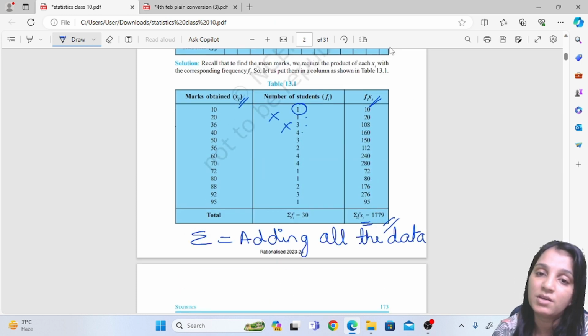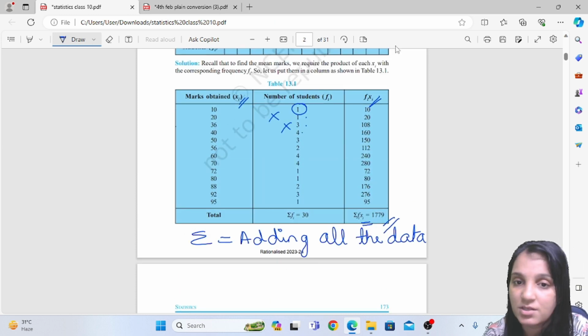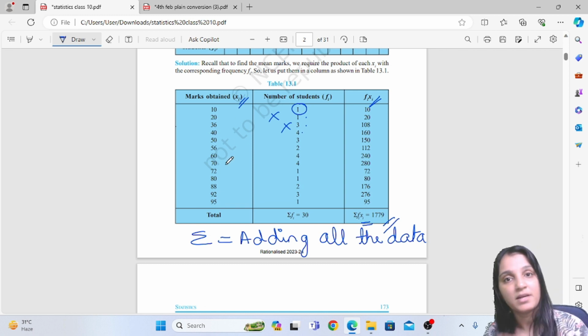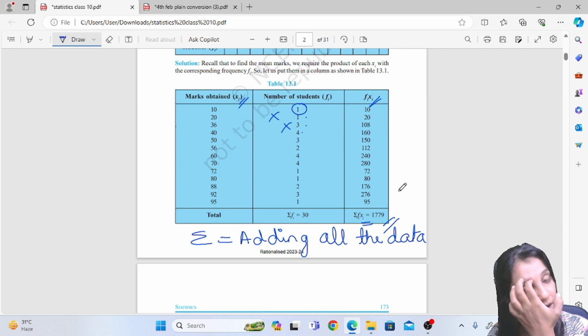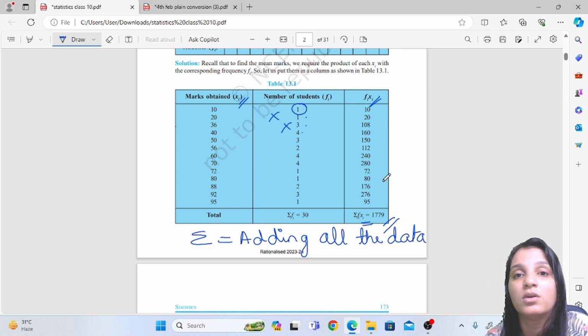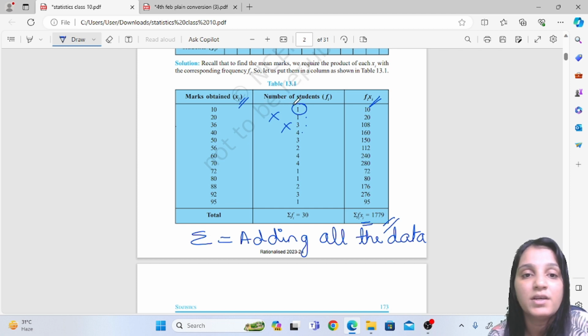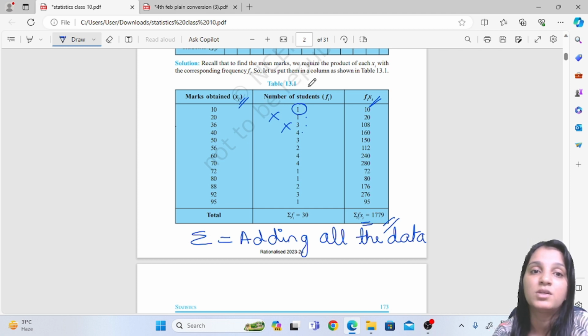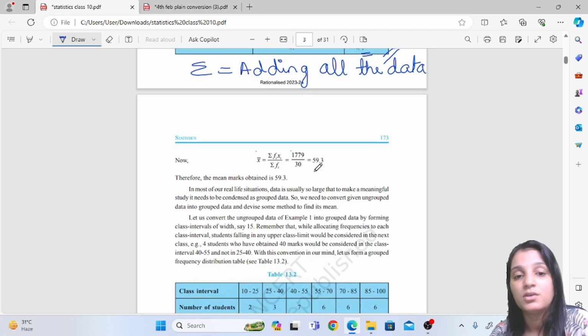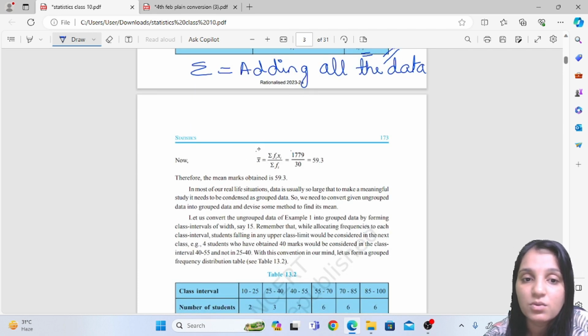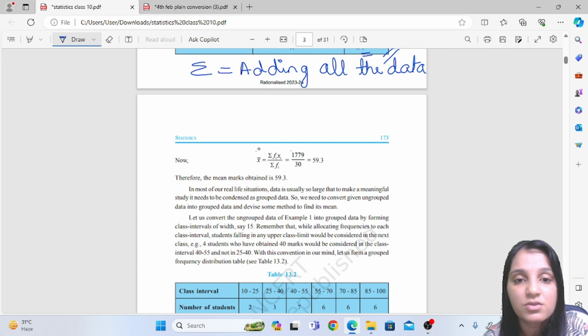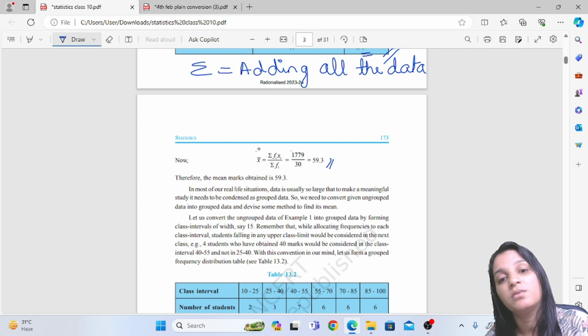To find summation fi xi, first multiply fi and xi and then add all the terms which we got. And summation fi is the total number of students, total number of people. So we got 1779 upon the total number of students, which was 30. So 1779 upon 30 is equal to 59.3.